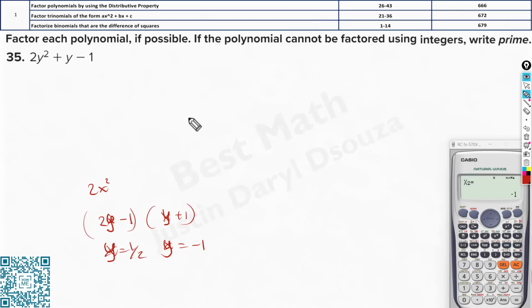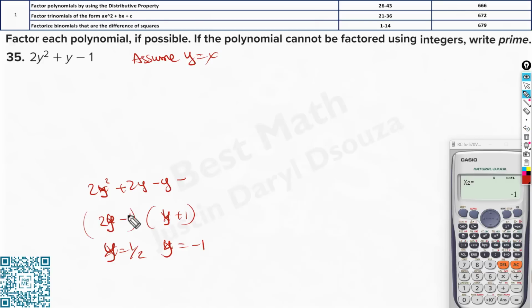Or if you have done it entirely, if you have done all the final answer, then you can just write y is equal to x, then that's fine. If you have written x also, that's okay. You can just alter it over here, but if you can, just write it as y itself. Is that okay? So it'll be 2y times y is 2y squared, then we have plus 2y minus y, minus 1.